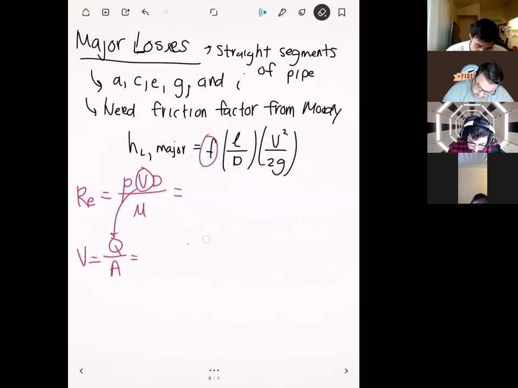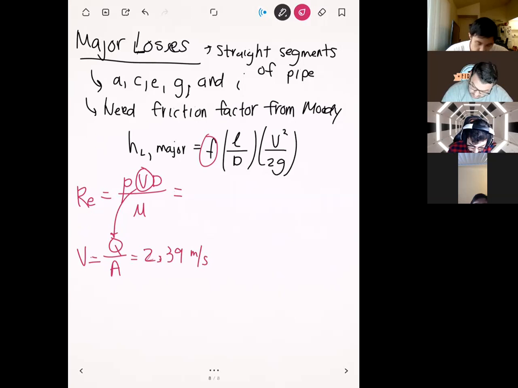So we take 750 centimeters cubed per second divided by pi over 4 diameter squared, and what we get is a velocity of 2.39 meters per second.